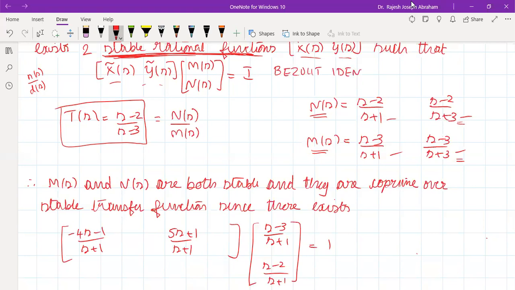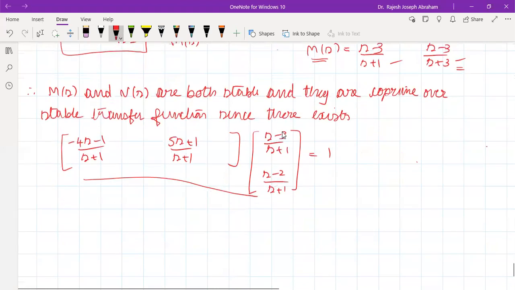Does this hold good? Is this identity valid?